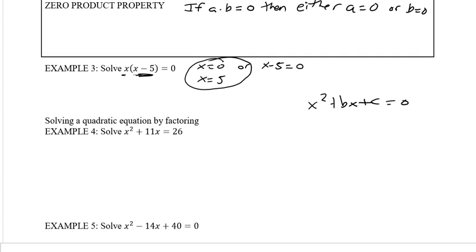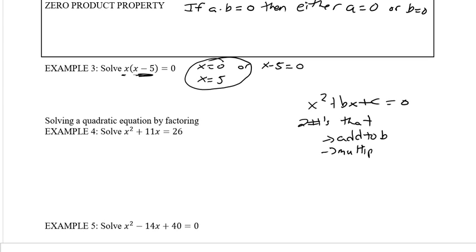And notice I didn't put the a on the beginning here, no a in front of the x squared, because we're going to do it a little bit different when the a is in front of the x squared. We're going to use something called factoring by grouping. So when we have it in this form, we look for two numbers that do two things: add to b and multiply to c.